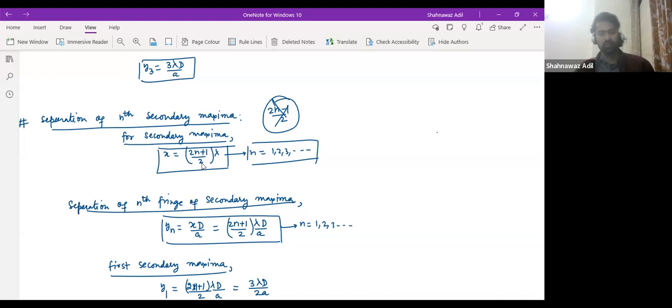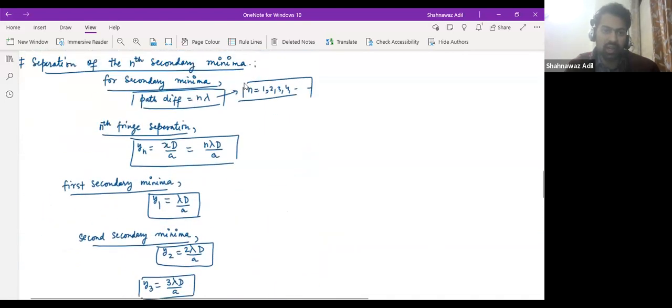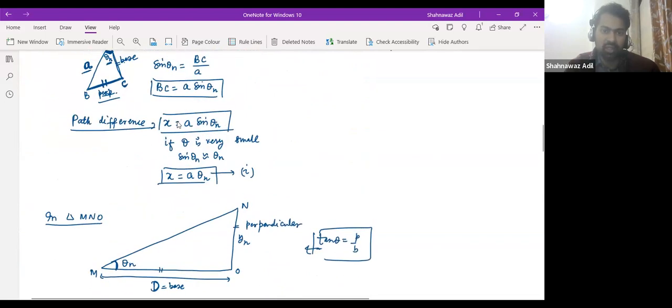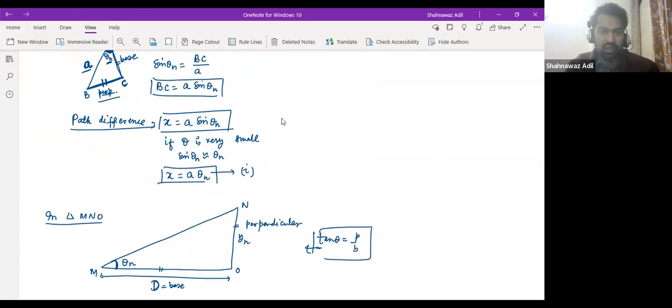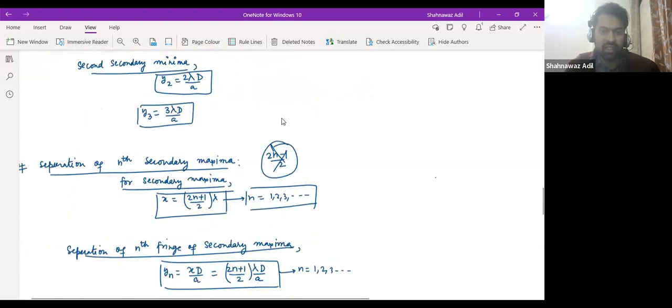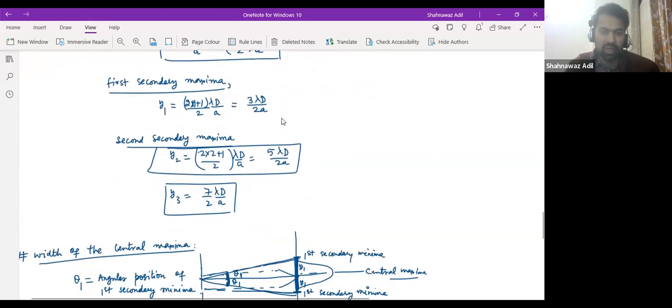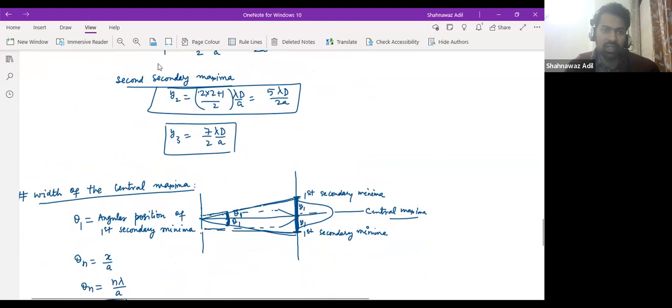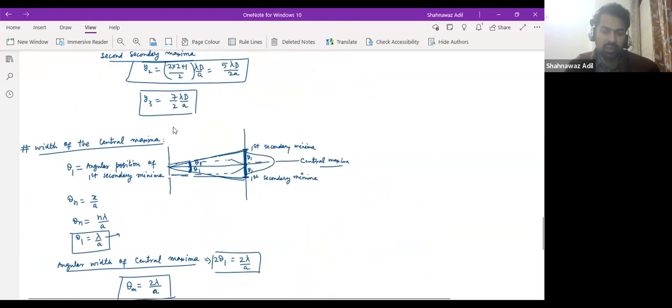Yes, sir. Done. And remember, we are doing all these calculations for small angles, right? Because if we have a larger angle, then we have to use this thing, so path difference would be a sine theta. So that we will use. But for our case, the angles are small. This part you have also noted, right, guys?